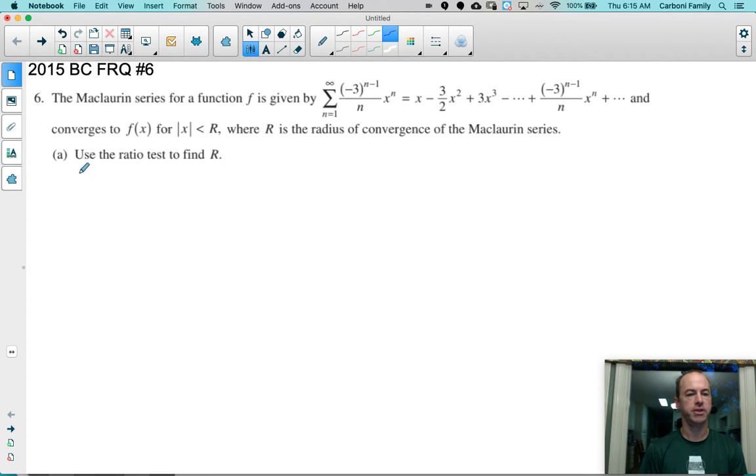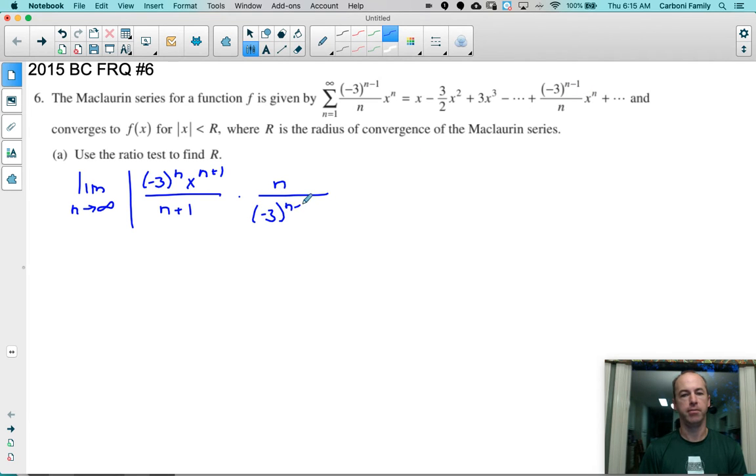So we'll do the limit as n goes to infinity of the absolute value of the n plus first term, which would be negative 3 to the n, x to the n plus 1 over n plus 1, times n over, now this is my nth term, negative 3 to the n minus 1, x to the n, and then we start reducing.